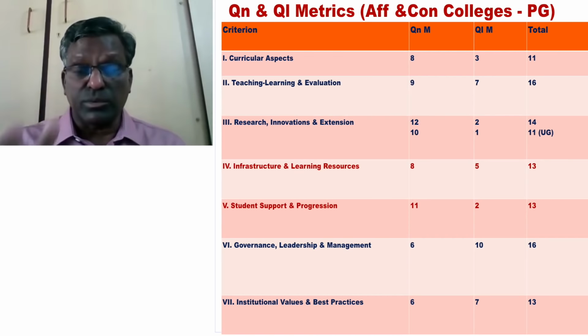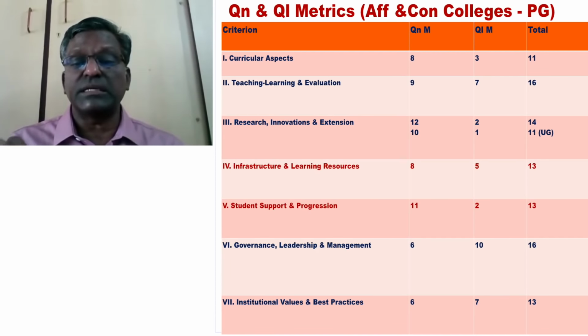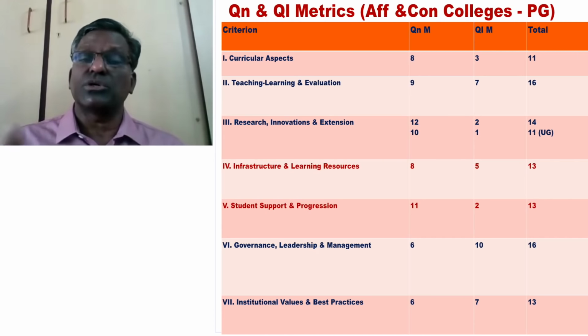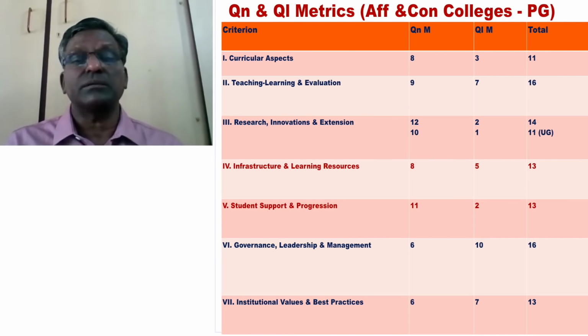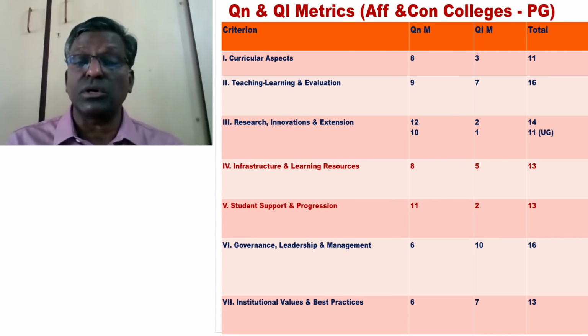Now, I would like to make it clear, this is with reference to affiliated and constituent colleges which offer UG programs and those institutions which offer UG and PG programs. I am not talking of universities, nor am I talking of autonomous colleges.